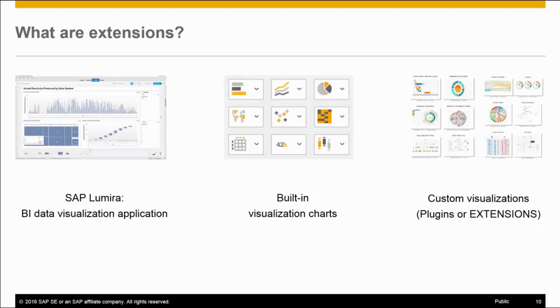Before we get into that, you are all aware of what SAP Lumira is. It's a self-service BI data visualization tool that you can use to grab your data and visualize it using the different built-in visualization charts that come with it, in categories like bar charts, pie charts, bubble charts, or geographical charts, the standard visualization charts that we have.